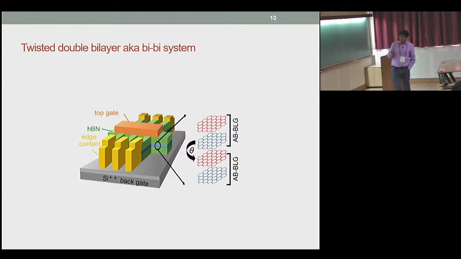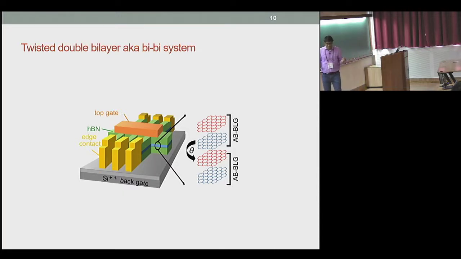This is also our system that we have explored, looking at the details of the band structure a little more carefully. As I explained, this is twisted double bilayer. This nomenclature in this field is important to keep track of. You twist them relative to each other by an angle that you want. You get inhomogeneities in the system, so you can get an angle which varies over space as you stack it.